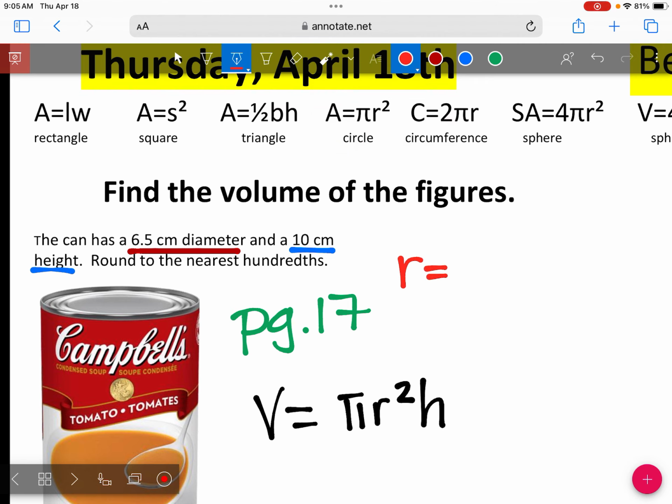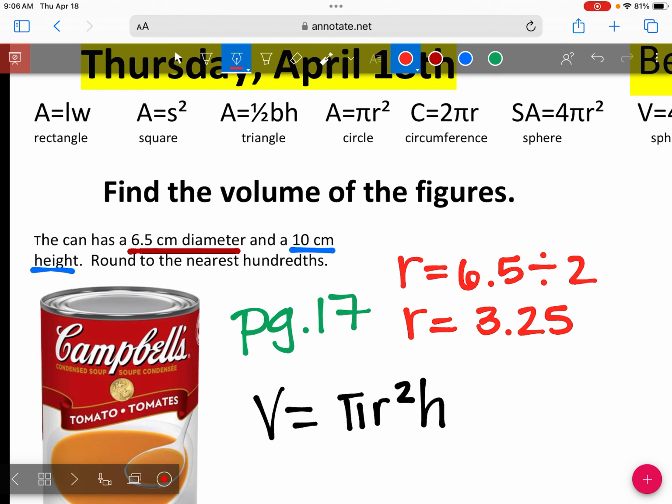Radius is going to equal 6.5 divided by 2. And who got 3.25?